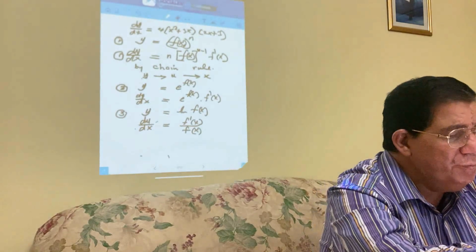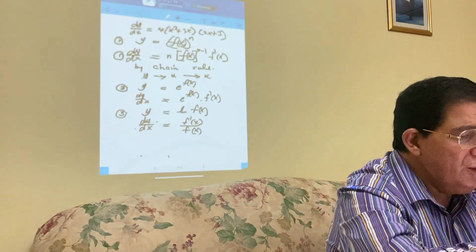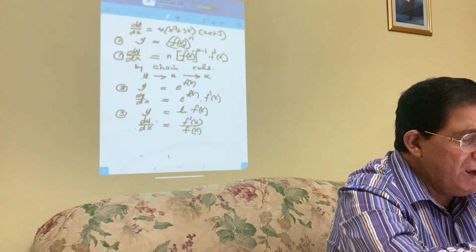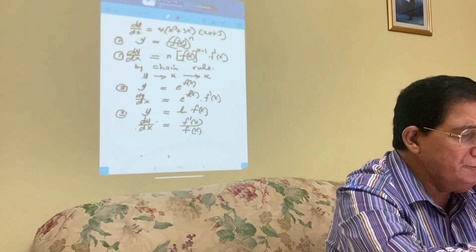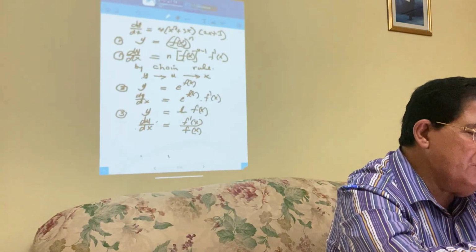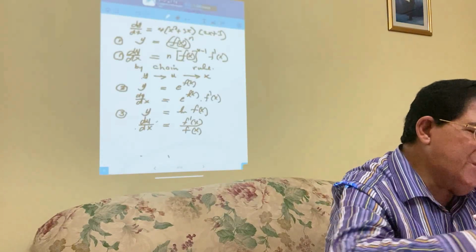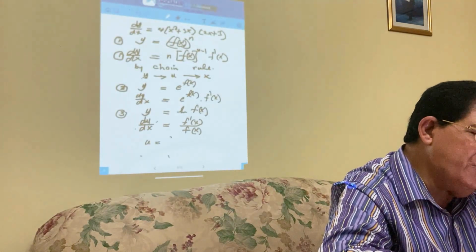These 3 very important rules are all the result of the chain rule, because in all of them we call u equal f of x.